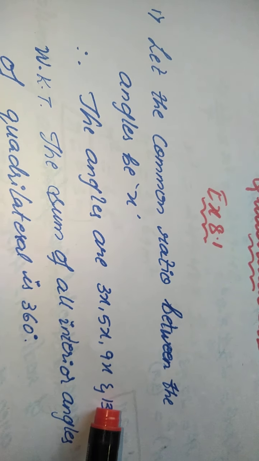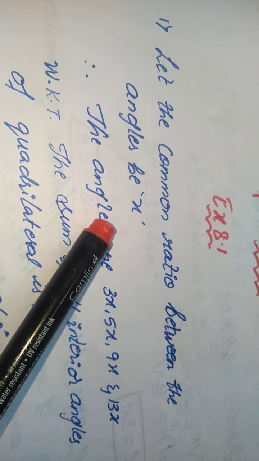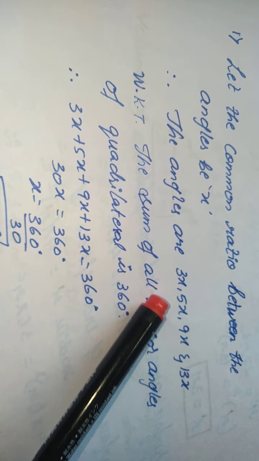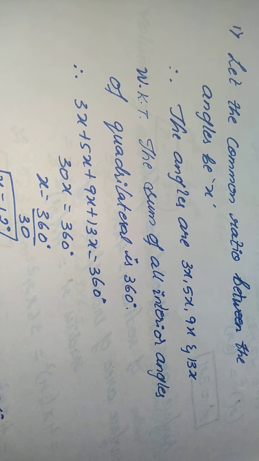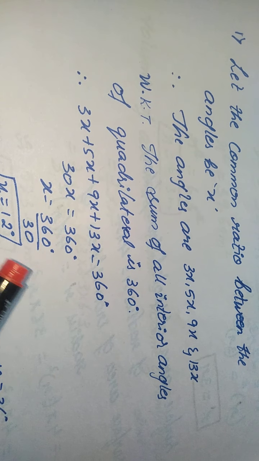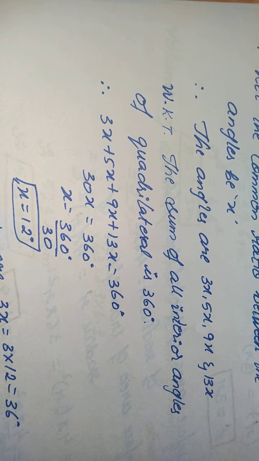Here is your first solution. I have taken the common ratio between all the angles as x, and the angles as 3x, 5x, 9x, 13x. Now I have to add all the angles. On adding, I get 30x equals 360 degrees. x equals 360 degrees by 30.